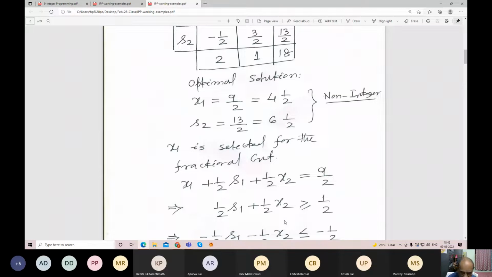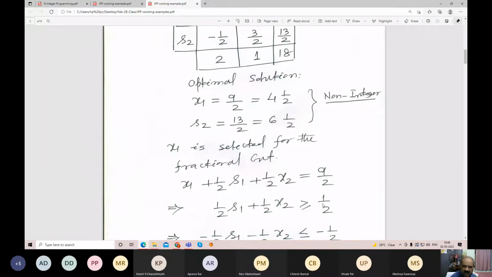So if I simply add here, or add or subtract, you can find the cutting plane. And if you add, what is happening? x1 plus x2 plus s1 is greater than or equal to 9 by 2 plus half, 10 by 2, which is 5.